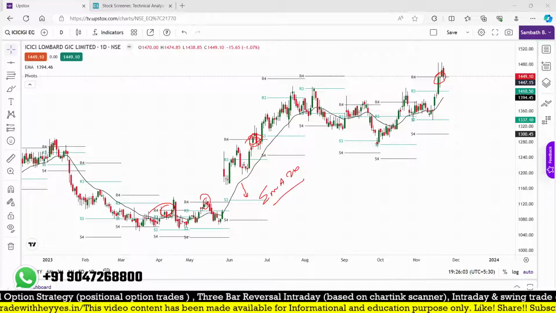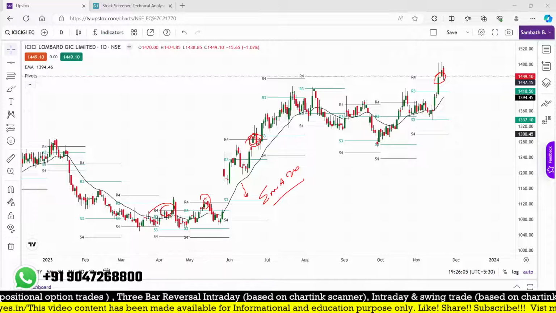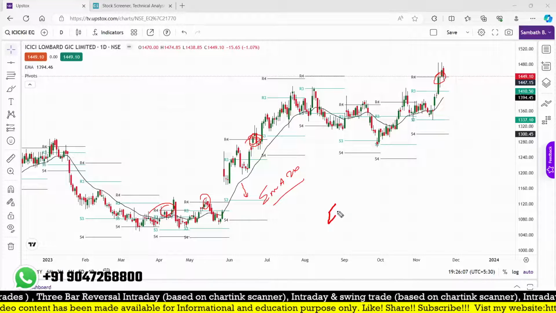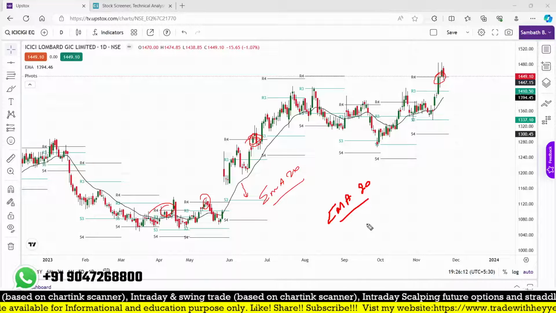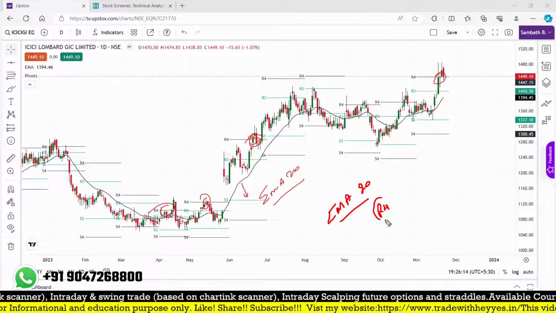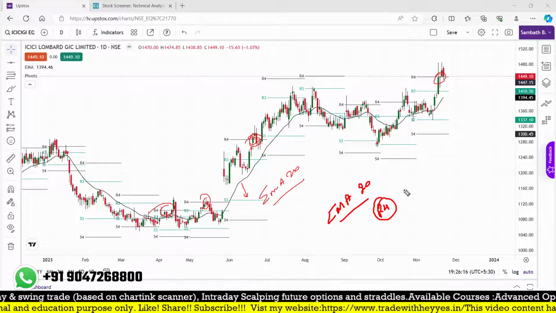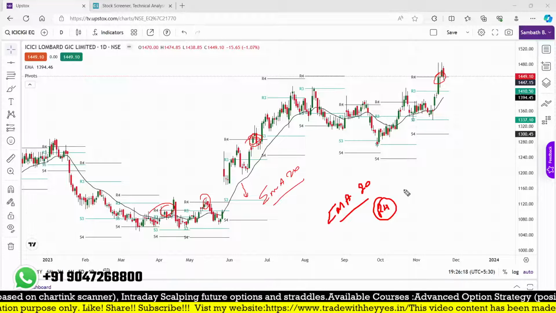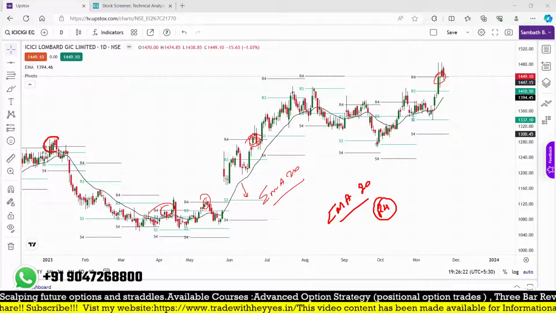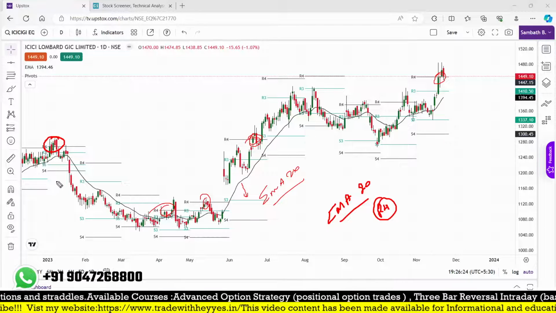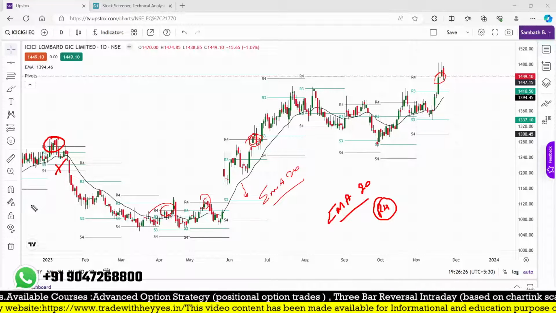But what I'm confirming with is the EMA 20 also crossing above the R4 level. That I consider a good swing buy or a good opportunity to take a trade. So here you can see at this marked point, the price breaks above the Camarilla R4, but the EMA doesn't break the R4.